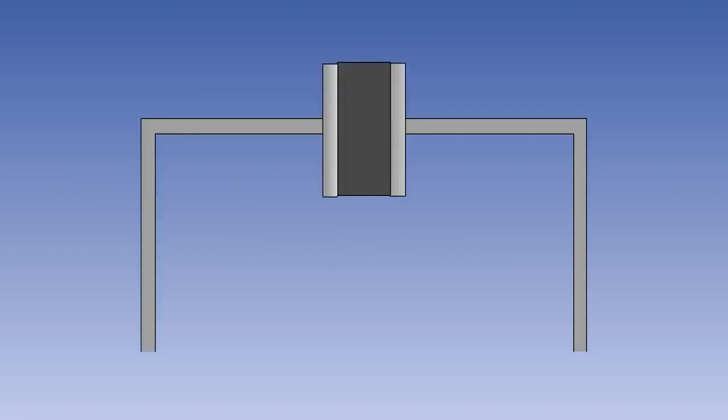Capacitance is the ability of a circuit to store an electrical charge. A device used to introduce capacitance into a circuit is known as a capacitor. Capacitors are fully explained in the DC series of lessons.